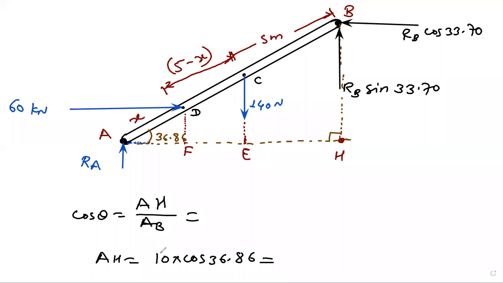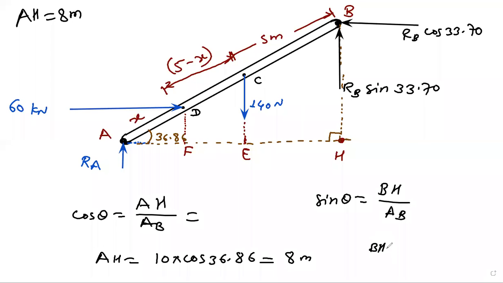Yes, please, do it fast. 8.001. Okay, that is 8 meter. So AH is 8 meter. Similar way, sine theta is equal to BH divided by AB.